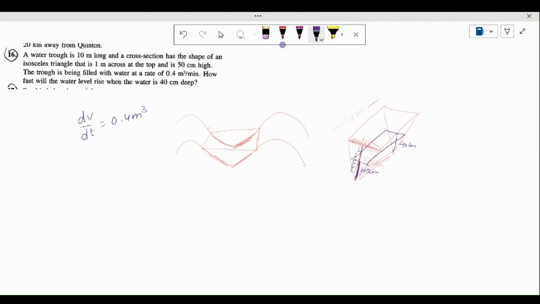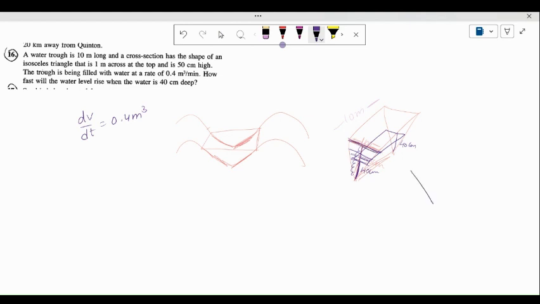The height will change. When I am filling, the water level will rise and come up to the brim. When the height is changing, the width is also changing, right? So here the width is different, here the width is different. But when it comes to the top, it will be 1 meter, right?